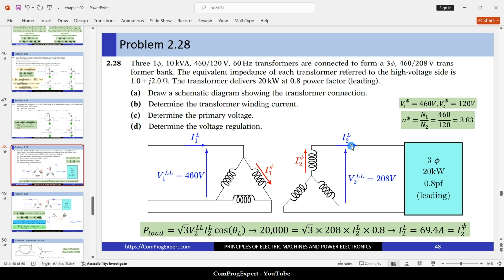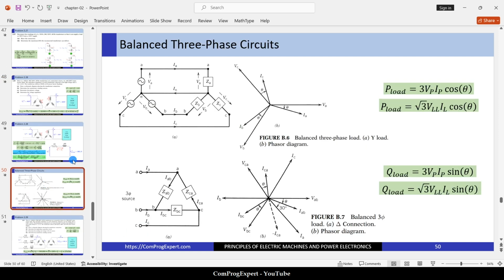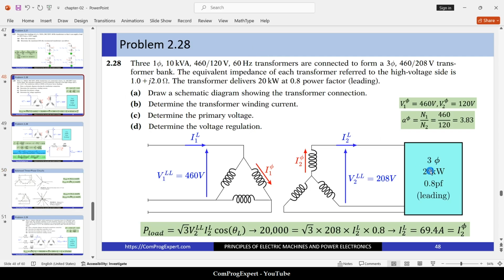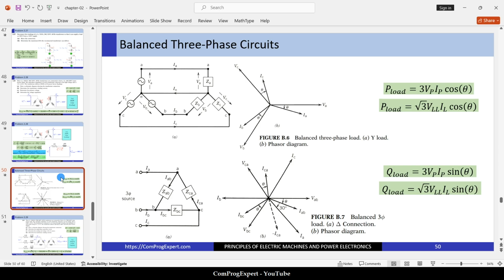So we can calculate I2L using this equation. You remember this equation from balanced three-phase circuits. The load can be in delta or Y connection, not important.